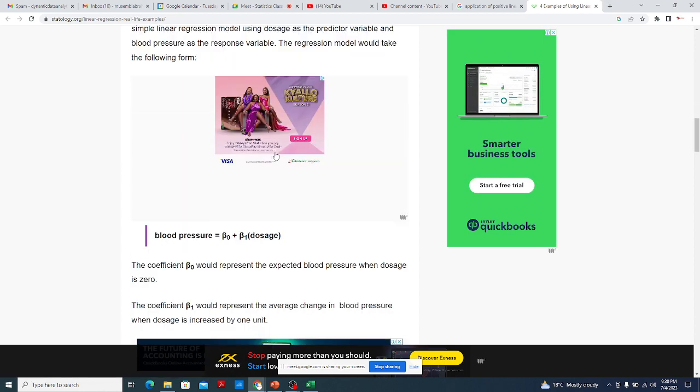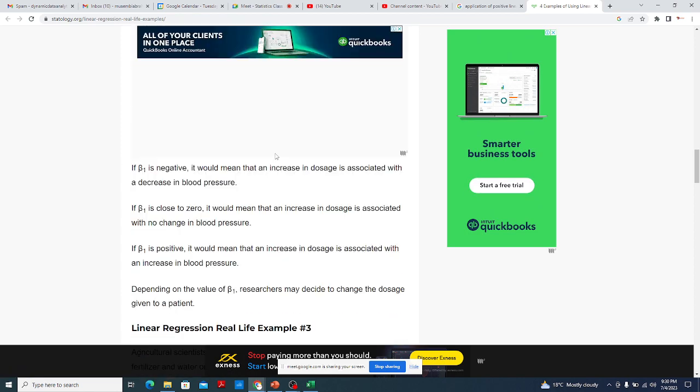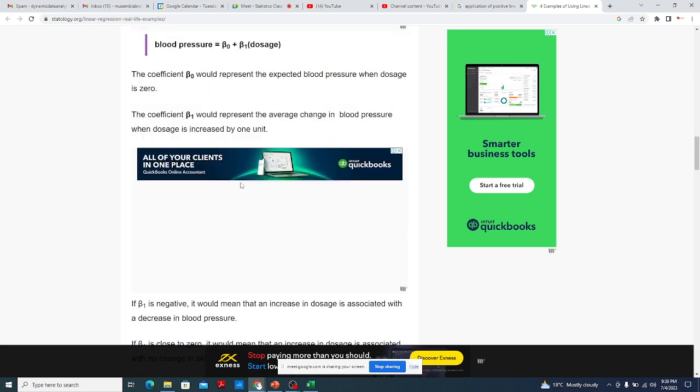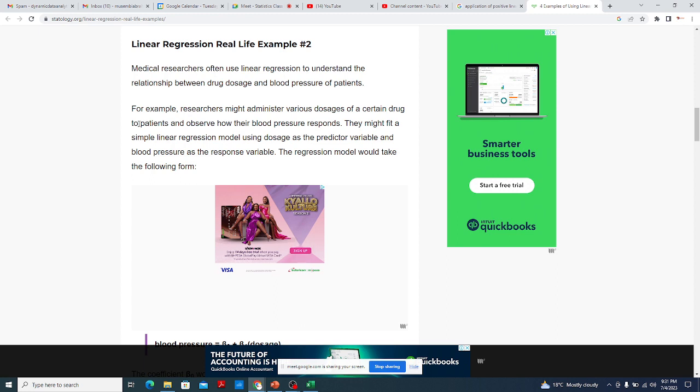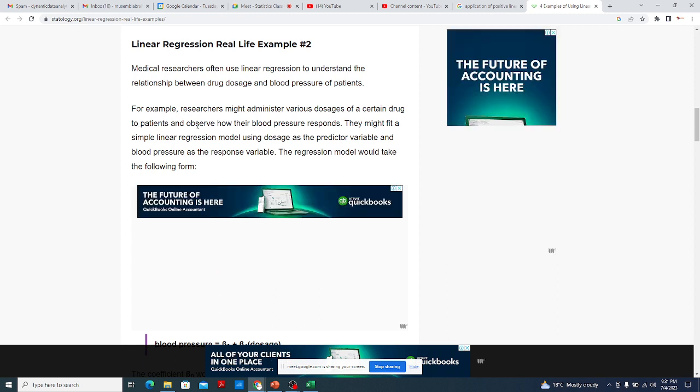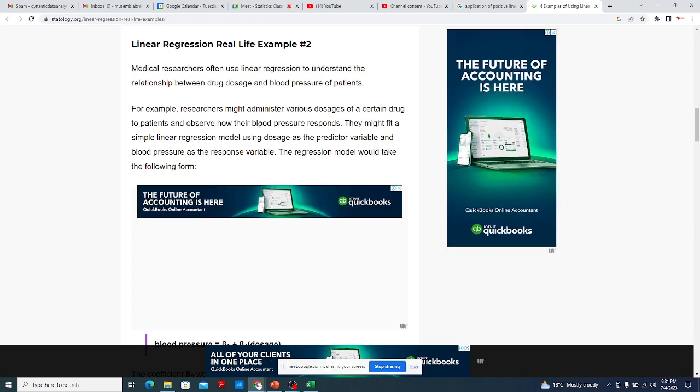Let me go through these examples. A researcher might administer various dosages of a certain drug to patients and observe how blood pressure responds.